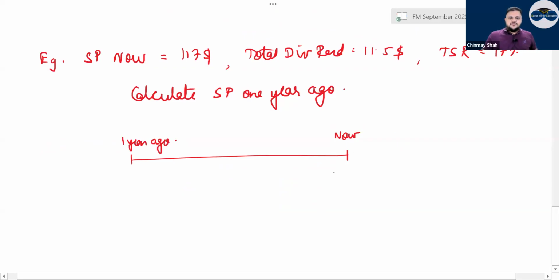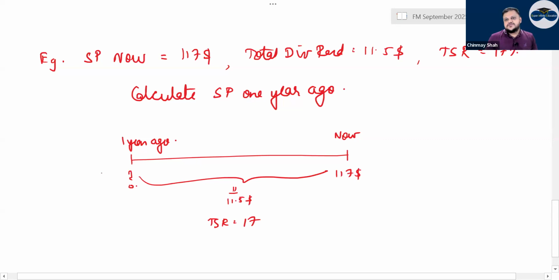Now is $117. During the full year, how much dividend did you receive? Tell me. Full year ka TSR is 17%. This is asked. What is this, share price at the beginning or share price at the end? Share price at the end, 117.